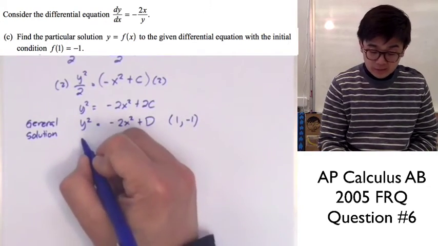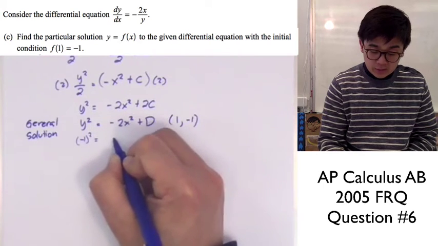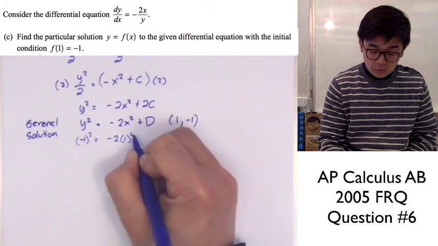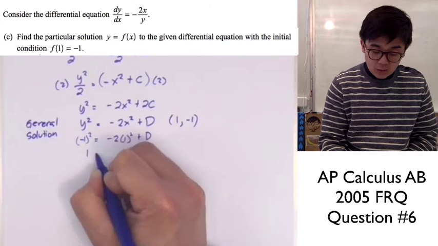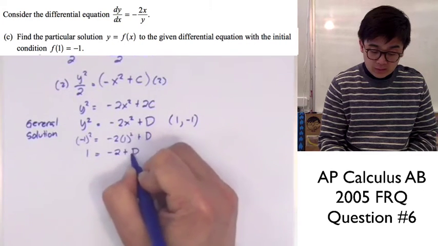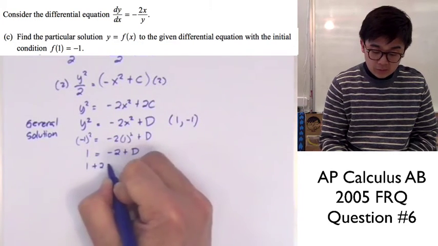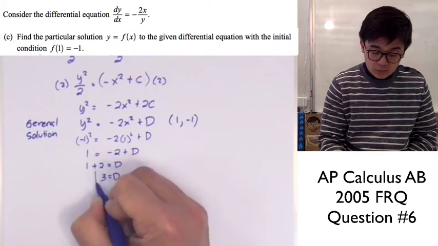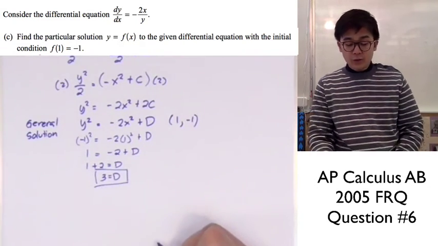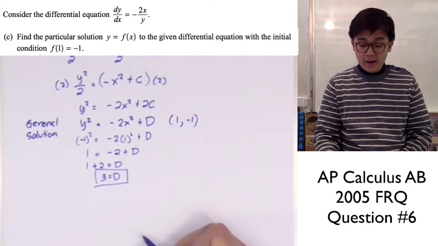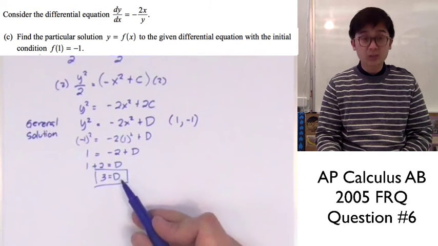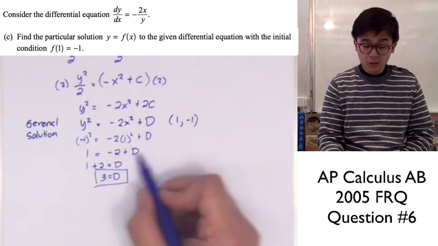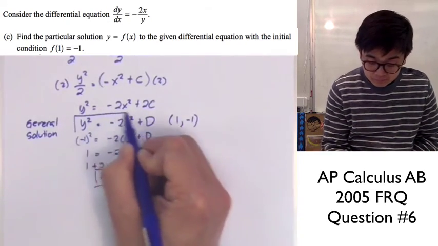So y squared is negative 1 squared equals negative 2 times 1 squared plus d, giving us 1 equals negative 2 plus d. So we have 1 plus 2 equals d. Therefore, d is equal to 3, and since we have our constant, we can now plug it into our general solution.